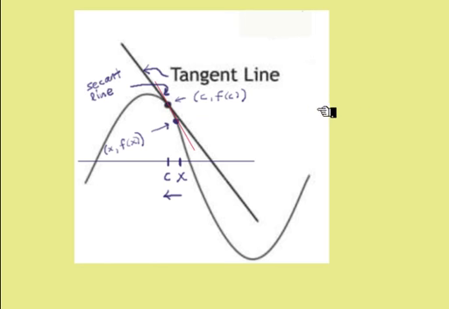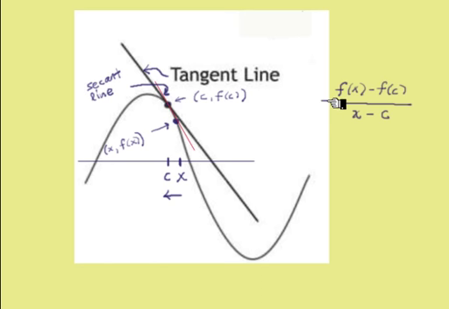Okay, so let's remember what the slope of the secant line is. The slope of the secant line is subtract the y's, f of x minus f of c, and subtract the x's, x minus c. So this is the slope of the red line. Now, if x gets closer to c, the slope of the red line will be closer to the slope of the tangent line.